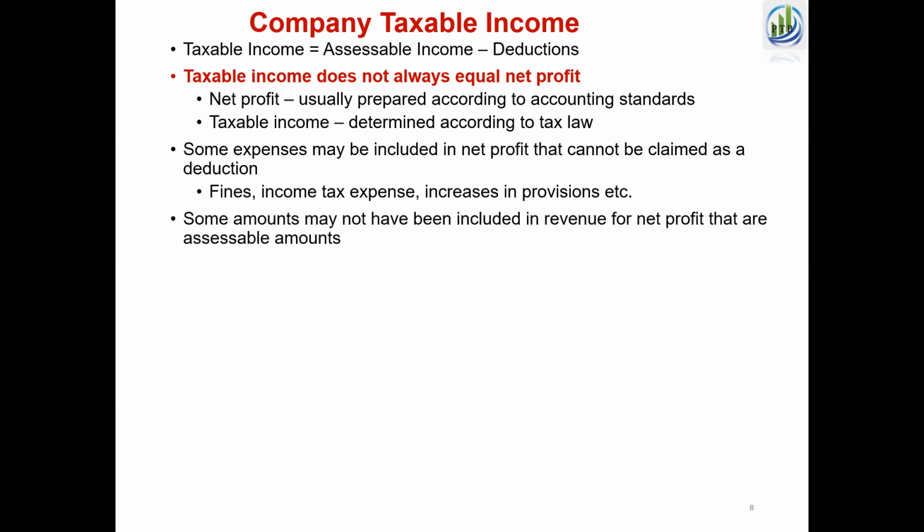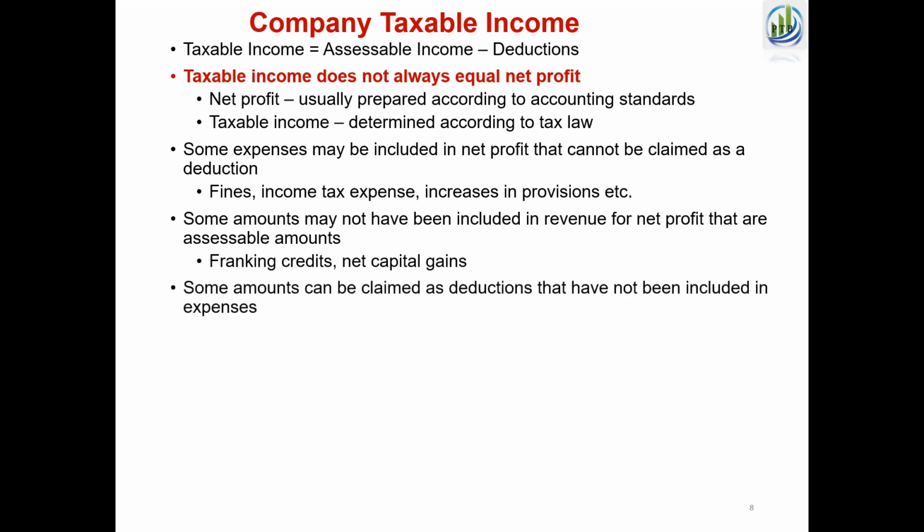I put some examples here. You can see fines, income tax expenses and provisions are not included as a deduction in the tax return, but in the profit and loss, they may be expenses. Some amounts may not have been included as revenue, like franking credit and net capital gain.